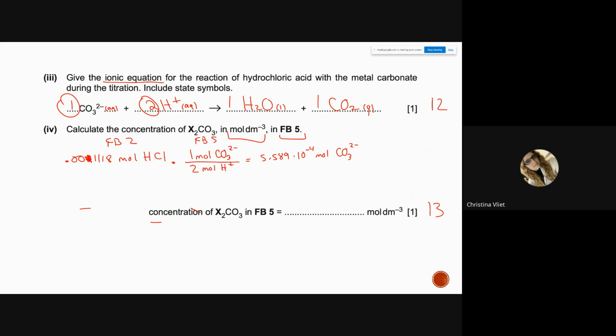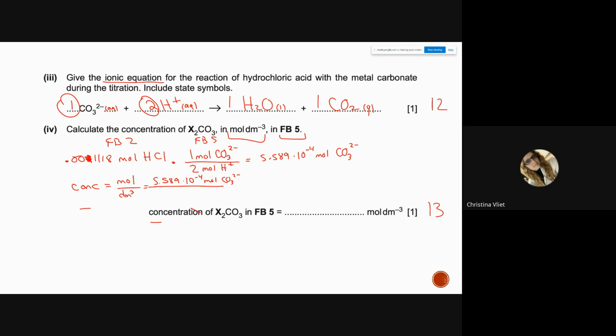I need the concentration. Well, how do we get concentration? Concentration is moles divided by dm cubed. So it's actually 5.589 times 10 to the negative 4 moles divided by what? What's the dm cubed of FA5?